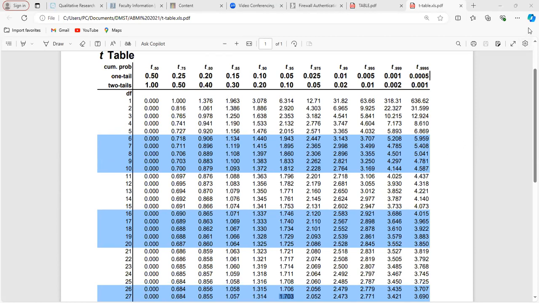So when you're doing a one-tailed test, and I told you how to know whether it's one-tailed or two-tailed, and you're doing it at 5%, you go to 0.05 under one-tailed. You go down that column until you get to 27 degrees of freedom, which is here. The number here is the T table value. Then you compare this value with what you calculated, which was minus something.